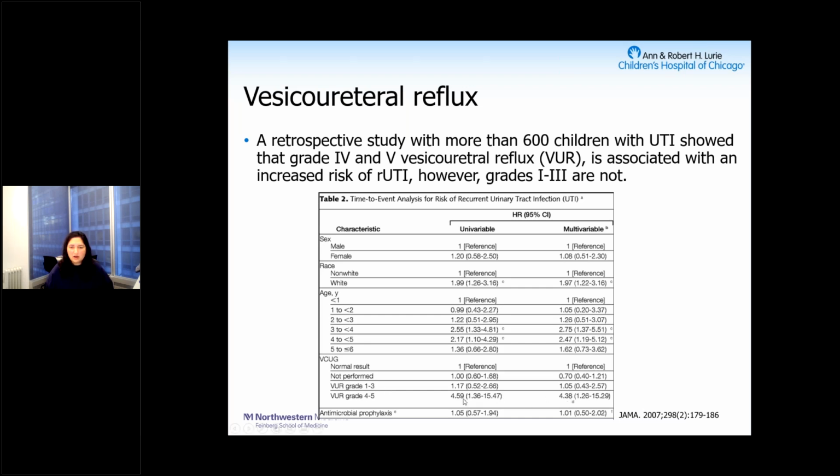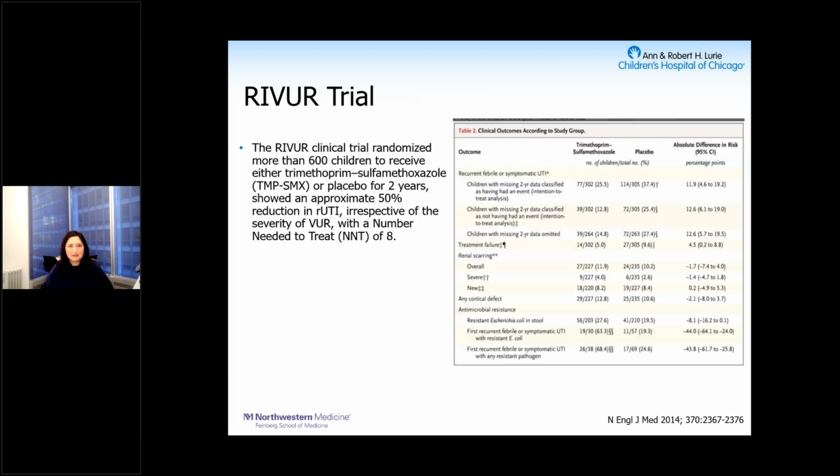If you look at the odds ratio, those who had grade 1 to 3 did not have recurrence of disease, whereas those with higher-grade VUR did have recurrence of disease. This is one of several studies that have shown this, and I think that in the ID/urology world this is pretty well accepted.